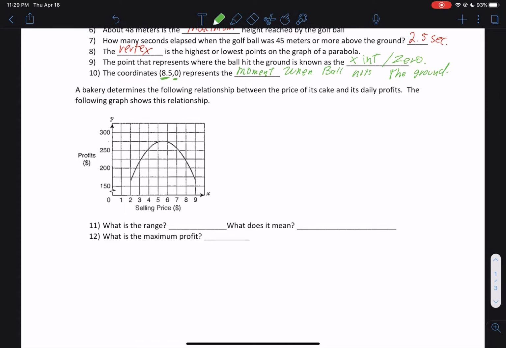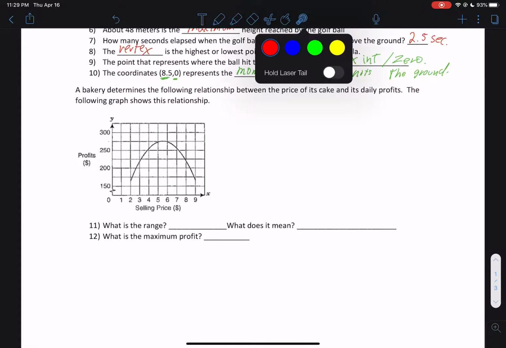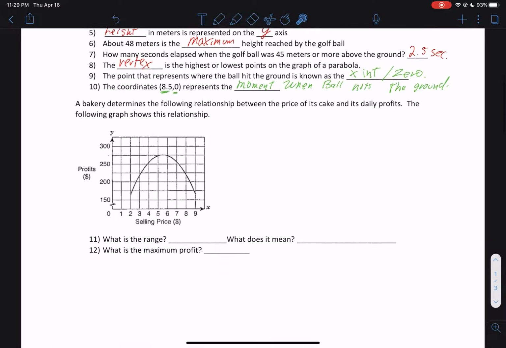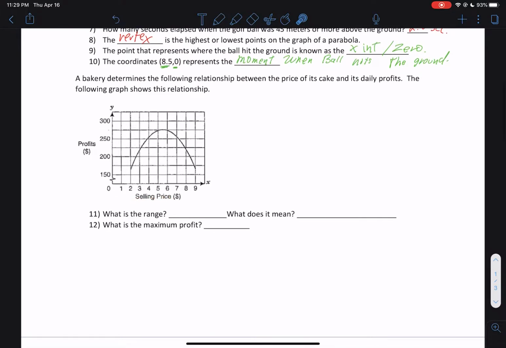A bakery determines the following relationship between the price of its cake and its daily profit. The following graph shows this relationship. What do we see here? We see that as the selling price increases, so does the profit, until a moment, until here.